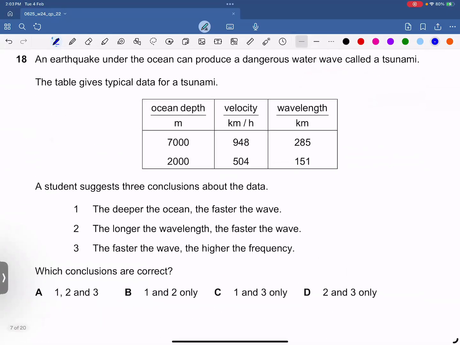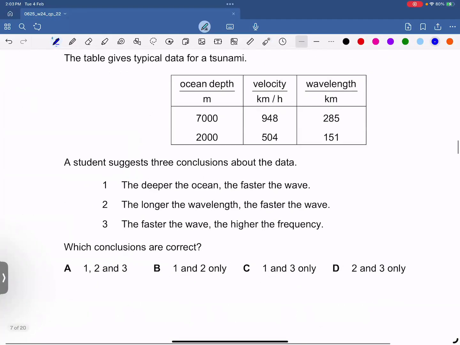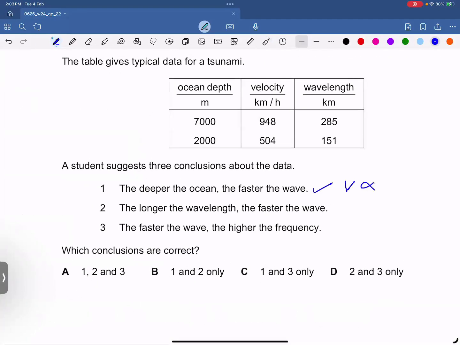An earthquake under the ocean can produce a dangerous water wave called a tsunami. The table gives typical data. Here you have depth, velocity, and wavelength. A student suggests 3 conclusions about the data. The deeper the ocean, the faster the waves. Yes, wave speed is proportional to depth: shallow, less speed; deeper, more.